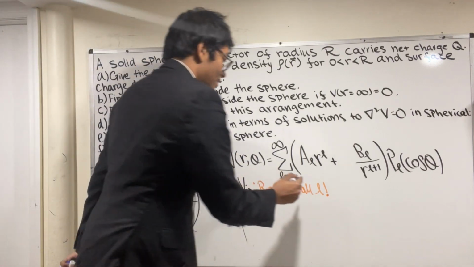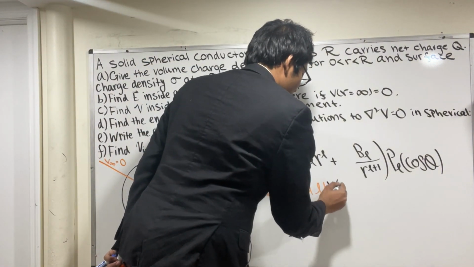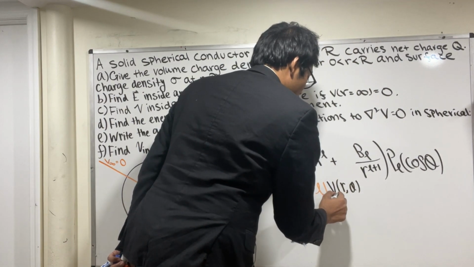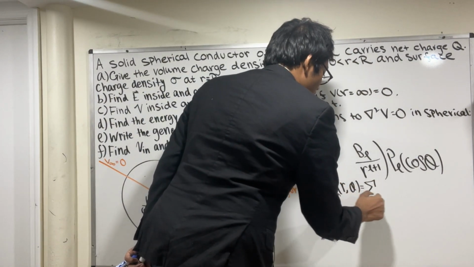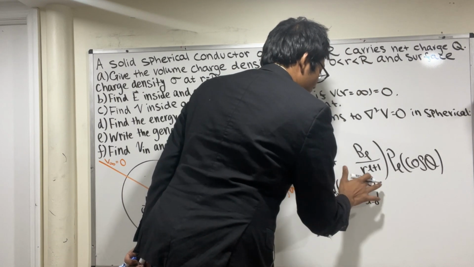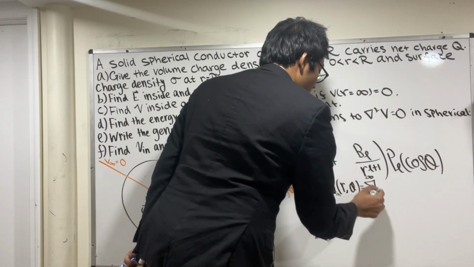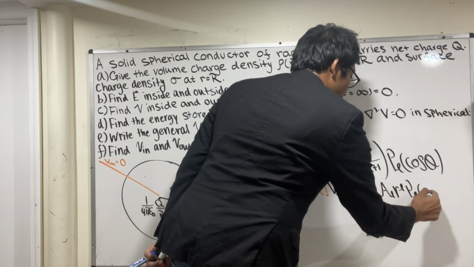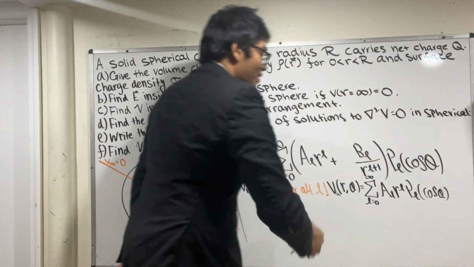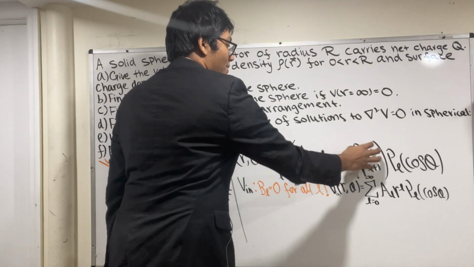It's amazing. So, V of r comma theta, the electric potential inside, is going to be the summation from L equals 0 to infinity of A sub L r to the L P sub L cosine theta. Notice how I did not write this term at all.